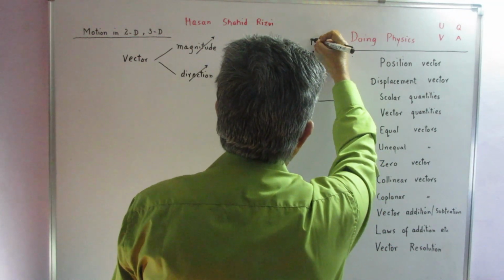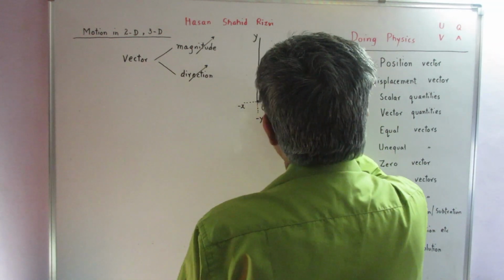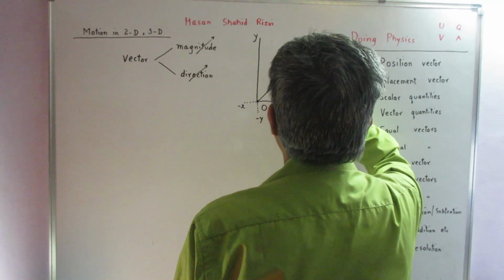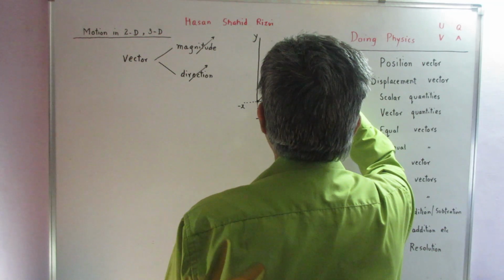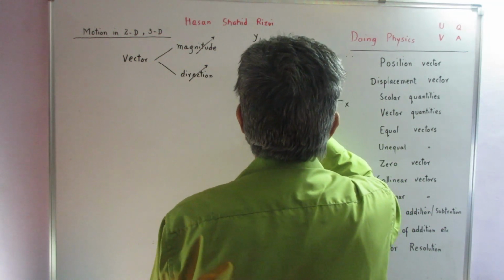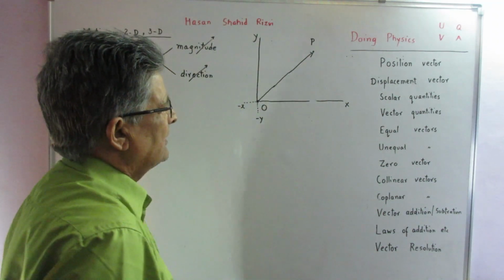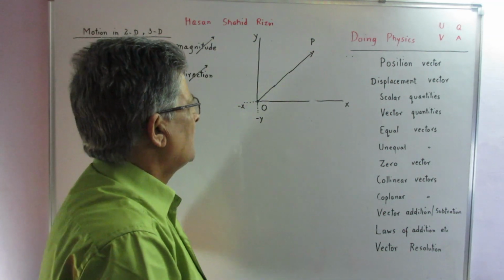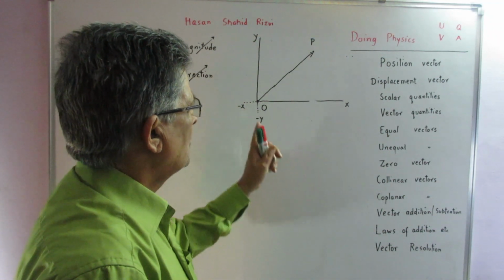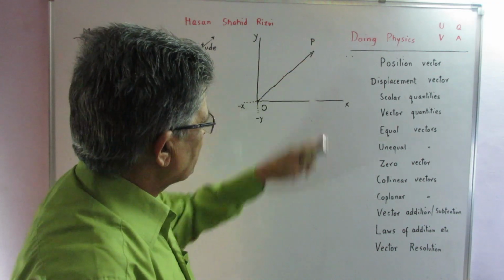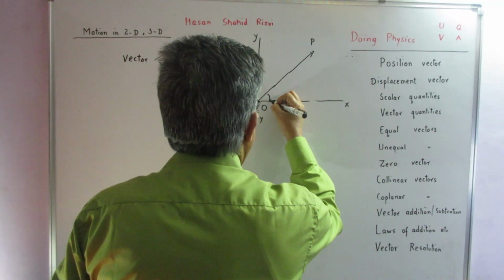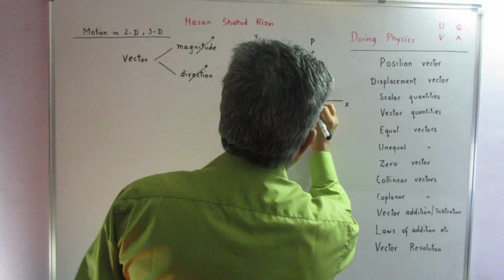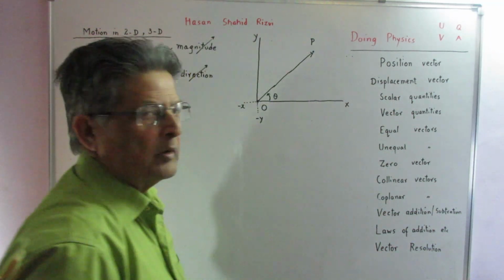I call this point P, and then if I connect O with P, this is a vector where I connect the two points O and P. Suppose I call this vector a certain vector with a magnitude equal to OP and a direction which can be described as inclined at an angle of theta with respect to the x-axis, which we take as the reference axis here in the xy system.